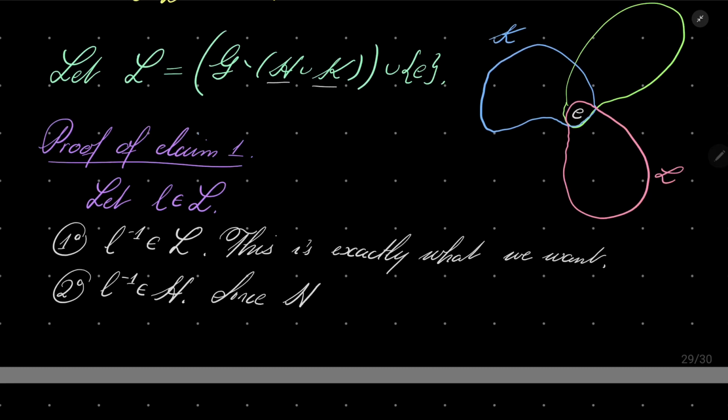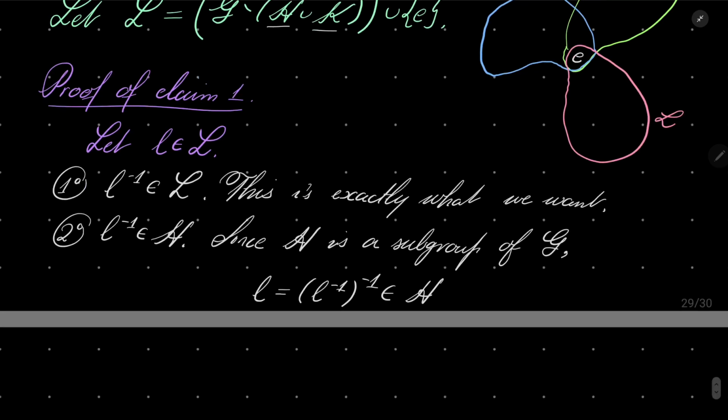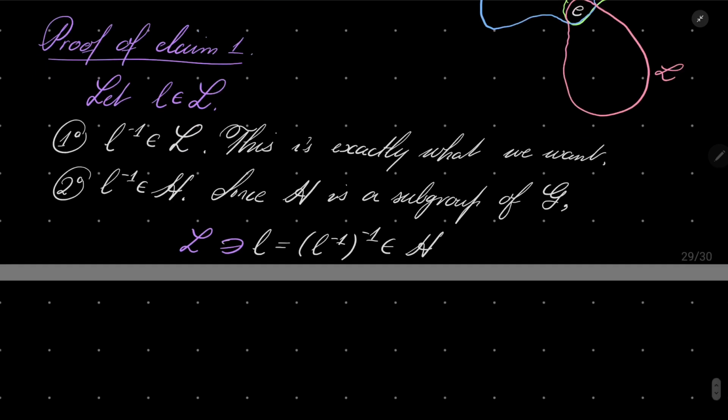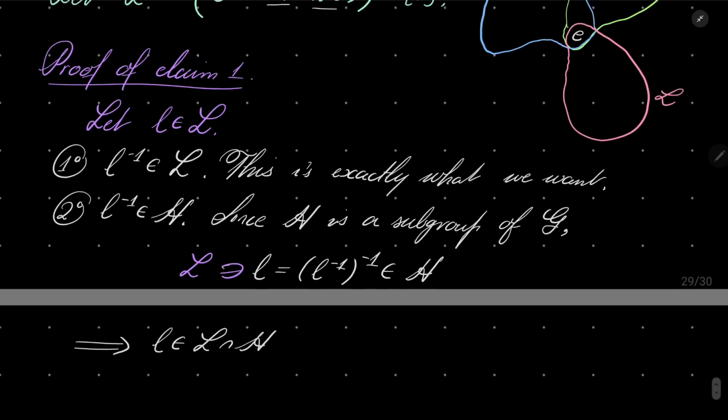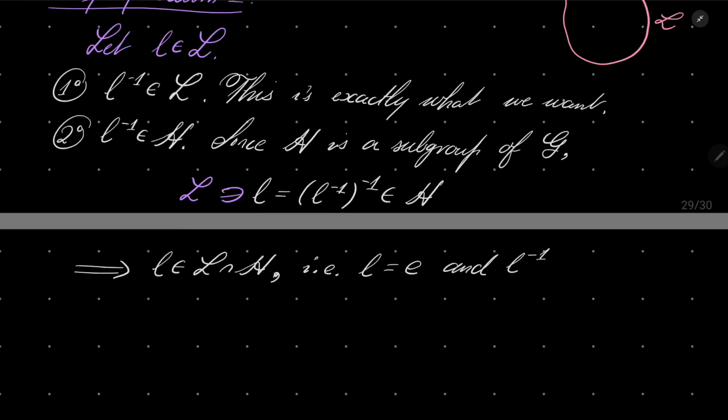Since H is a subgroup of G, the inverse of l inverse, which is l, is also in H. But remember also that l is, by our assumption, in L. So l is in the intersection of H and L. But if we go back, the intersection is trivial, i.e. l equals E, and that implies that l inverse is also E, and of course E is in L.